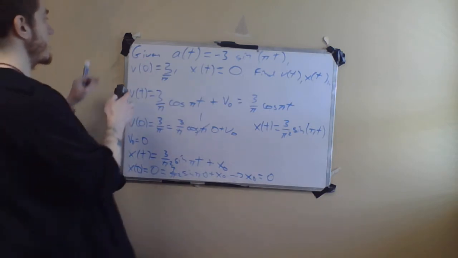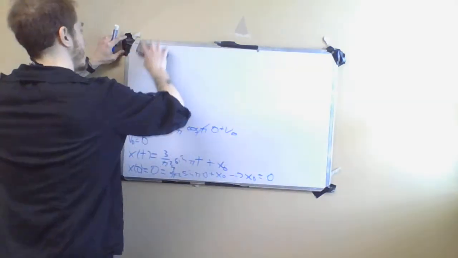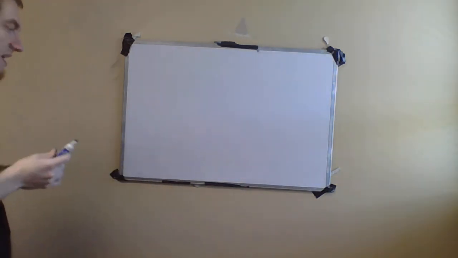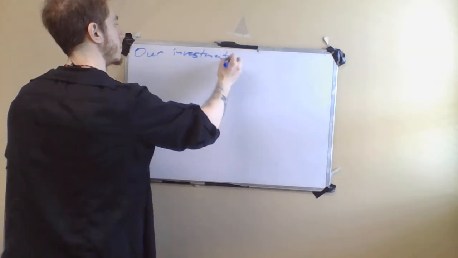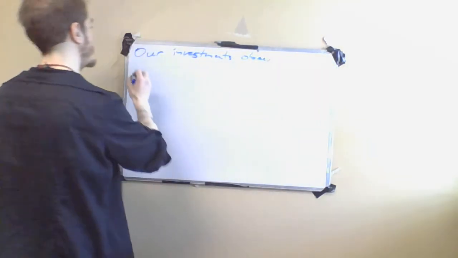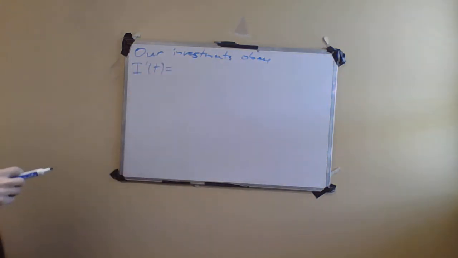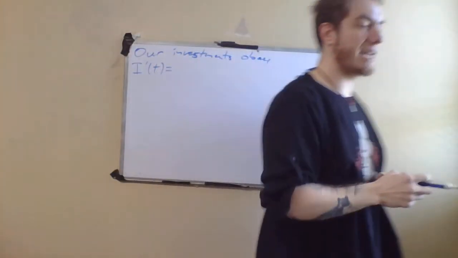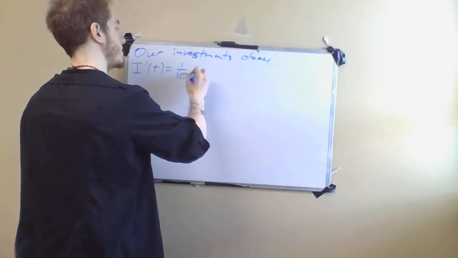Now, where else does this kind of thing happen? Because I've given you mostly examples with physics here. Well, you can come up with other types of examples as well. For instance, let's say that our investments obey the condition that the derivative of the investments with respect to time is equal to, let's say, 1/10 e to the t.